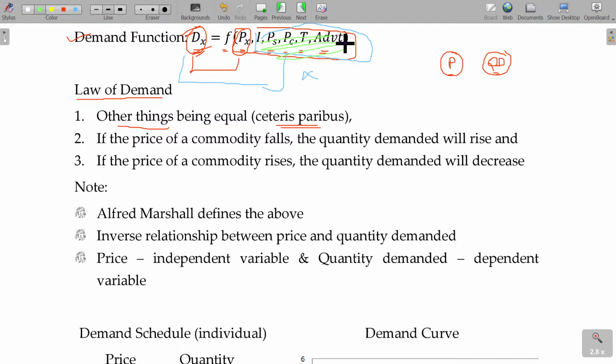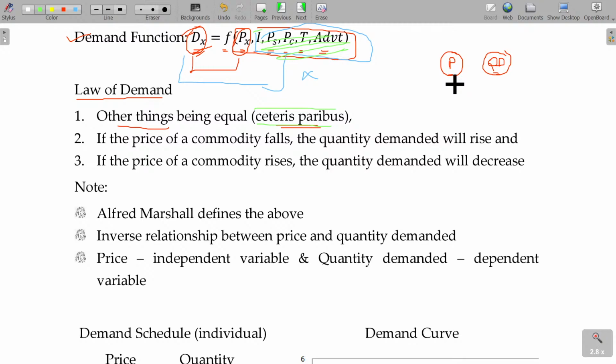I am talking about the change in quantity demanded. Always link QD. You have to keep that QD in your mind. Stating that other things being equal, in other language, is termed as ceteris paribus.